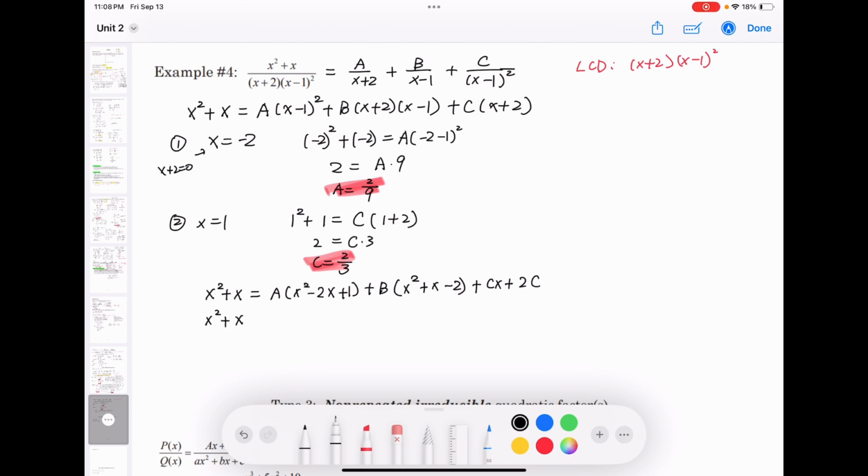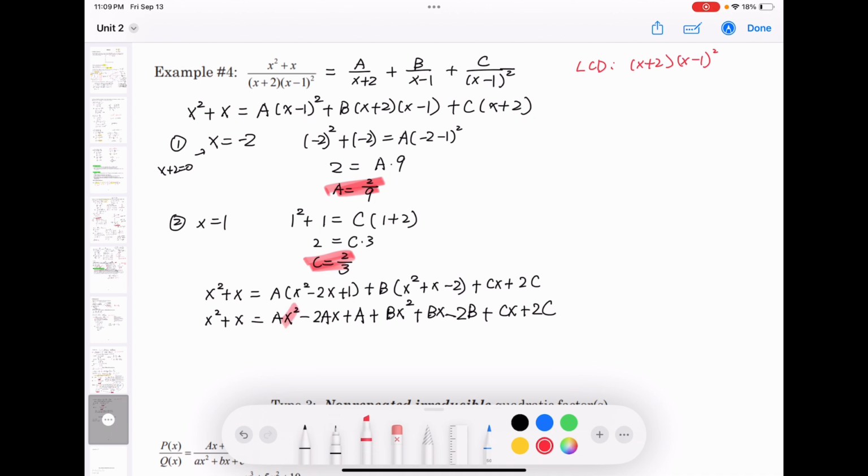Continue to expand my right-hand side. We have ax squared minus 2ax plus a, plus bx squared plus bx minus 2b, plus cx plus 2c. Let's combine like terms.